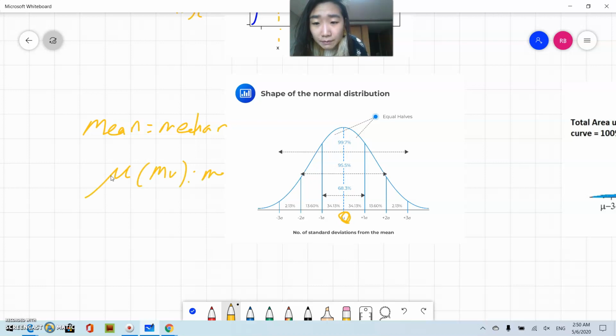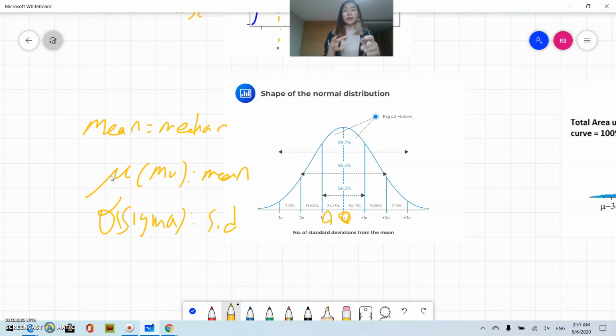This represents mean, right? So mean is in the center, and there's a little symbol sigma. This represents standard deviation. And like I said, standard deviation is based off from the mean. So you are one standard deviation less than the mean and one standard deviation more than the mean. That's how these points are determined.